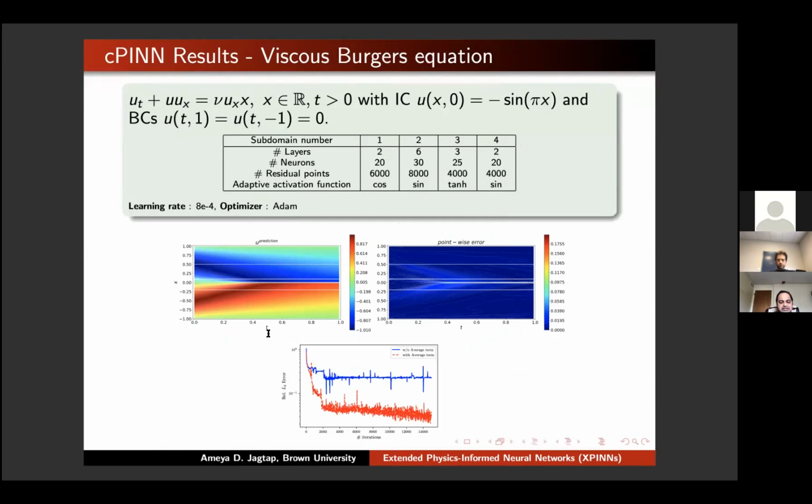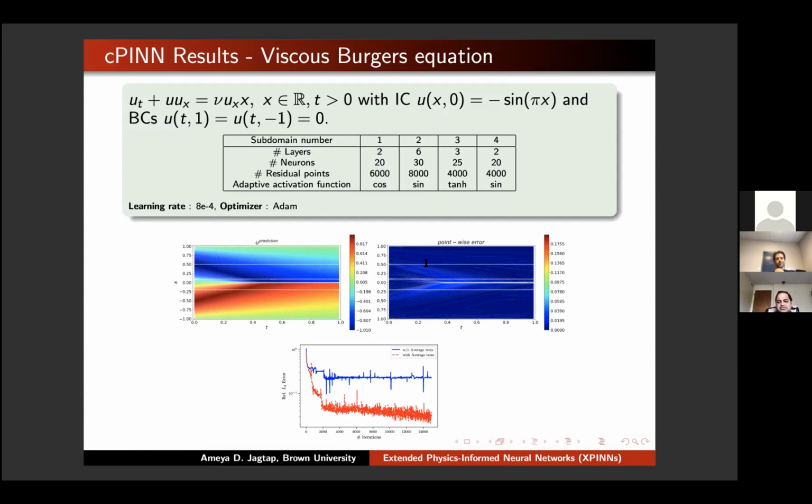This is the x and t domain, x and t axis, and we are numbering these subdomains from bottom to top. So it's 1, 2, 3, and 4. And the corresponding network architecture is given here. So the number of layers, number of neurons, number of residual points, and the adaptive activation function which we are using. The learning rate is given here, and we are using the Adam optimizer.